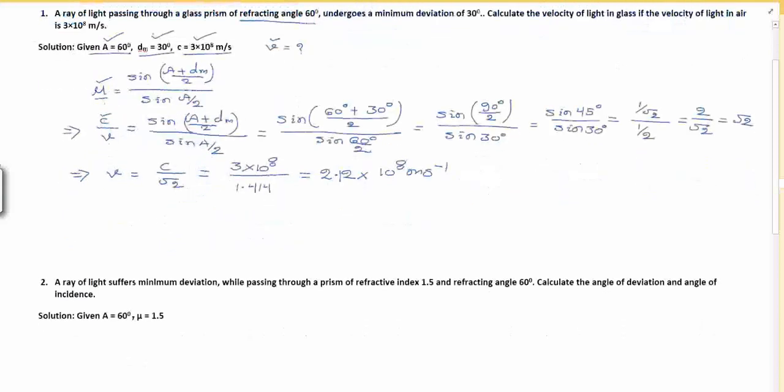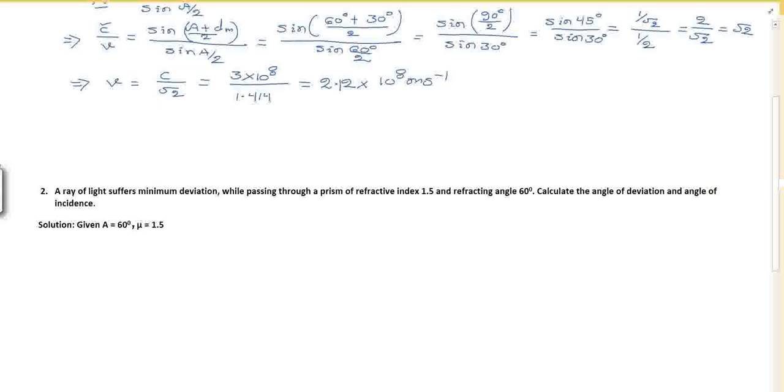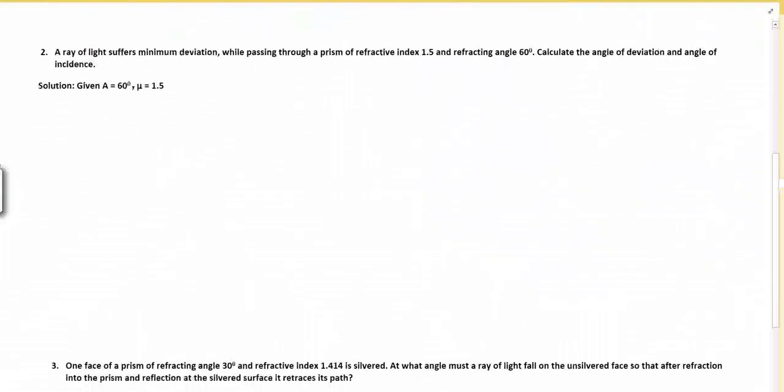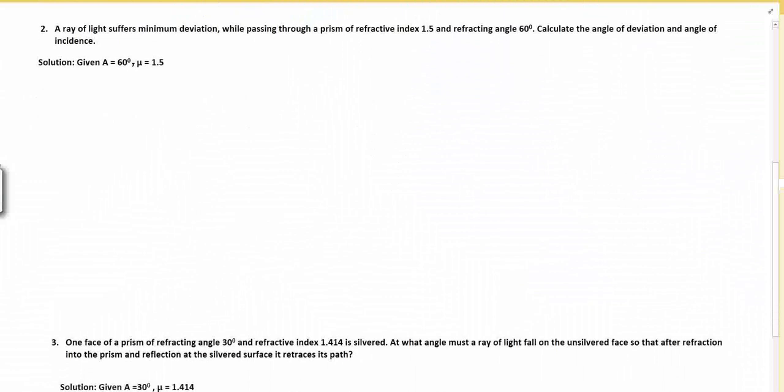Now let us solve this second problem. Here a ray of light suffers minimum deviation. Here again the angle of deviation is minimum while passing through a prism of refractive index 1.5 and refracting angle 60 degree.